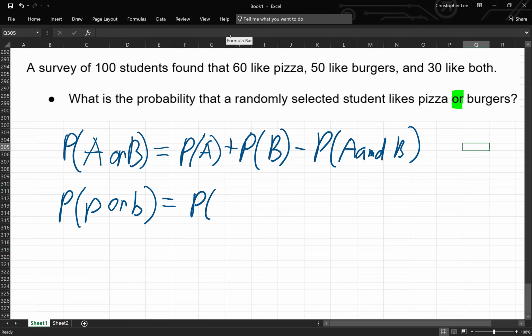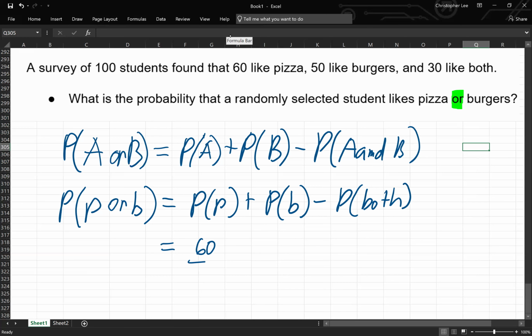So the probability of pizza plus the probability of burger minus the probability of both of them. So it's 60 over 100, plus 50 over 100, minus 30 over 100. That's 80 over 100.